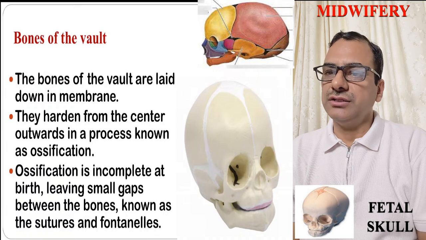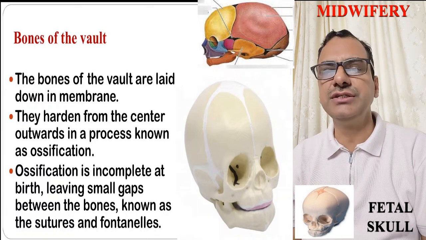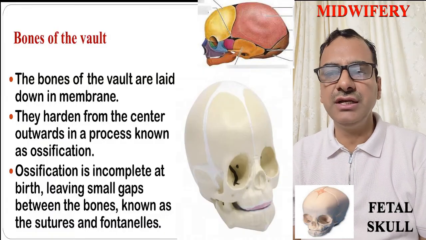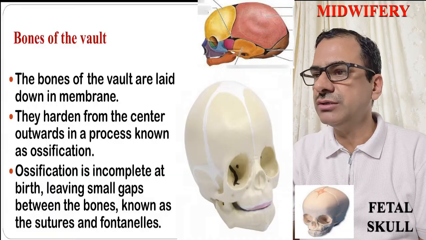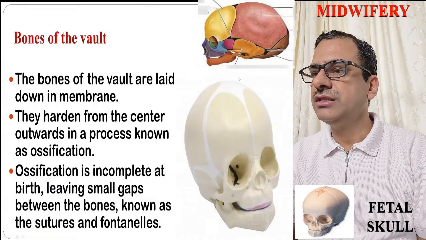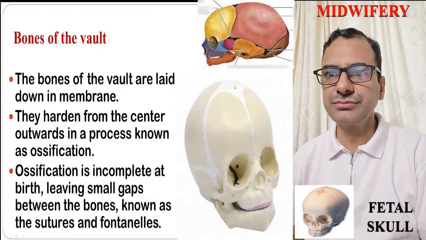They are hardened from the center outwards, and this process is known as ossification. Ossification is incomplete at birth, leaving small gaps between the bones. These are known as sutures and fontanelles.